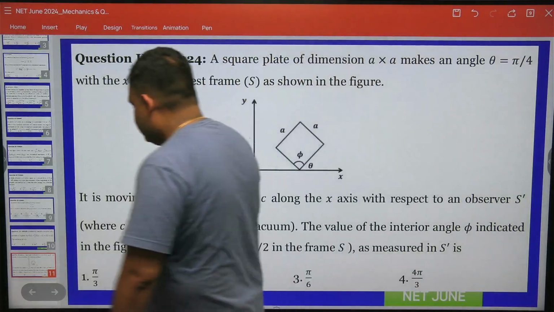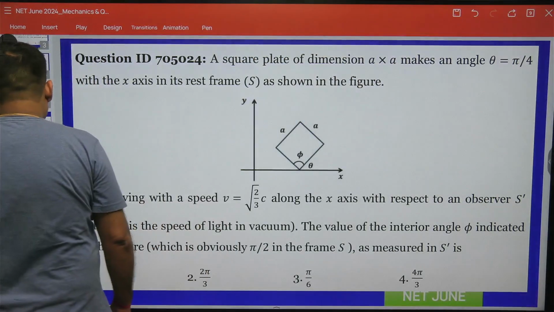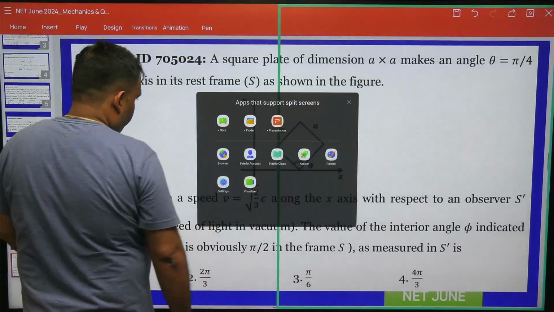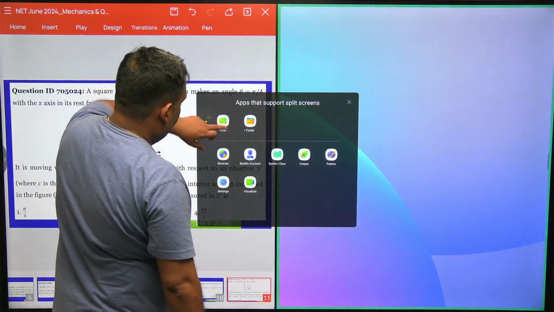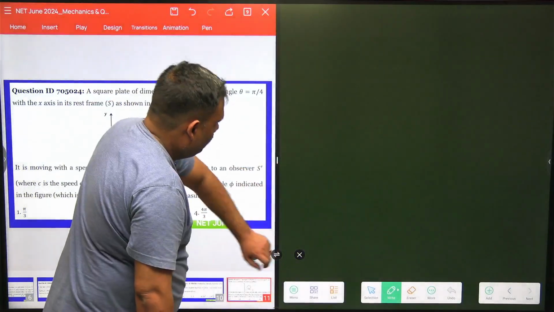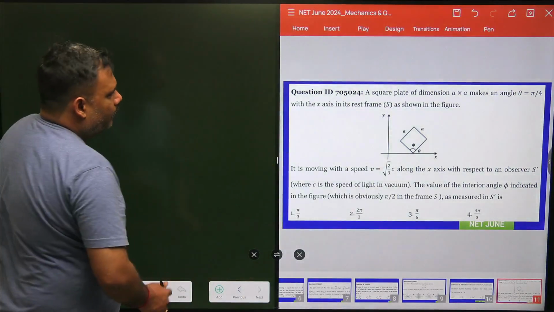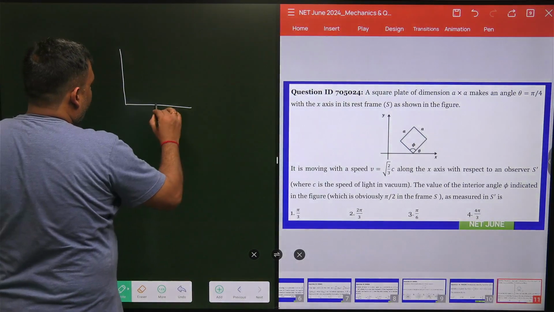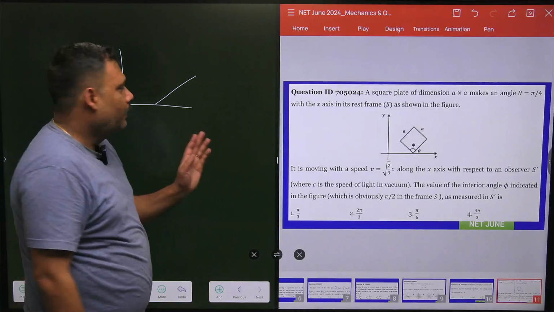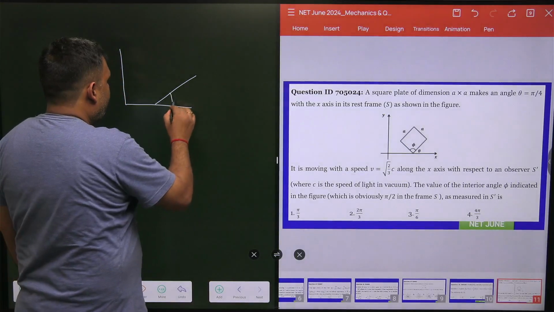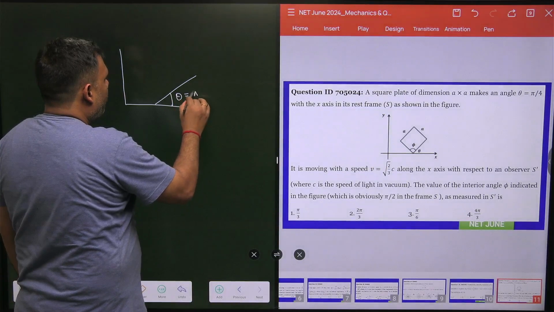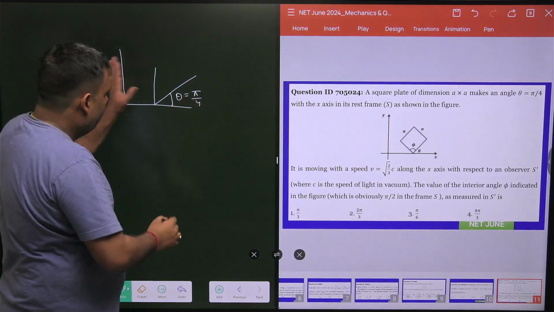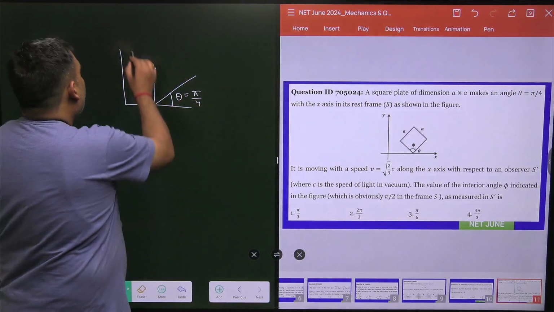So let's try to solve this one. I am just making a simple picture. I am just taking this length, leaving all the other lengths, and this angle is given as pi by 4, and this is given with respect to the S frame.